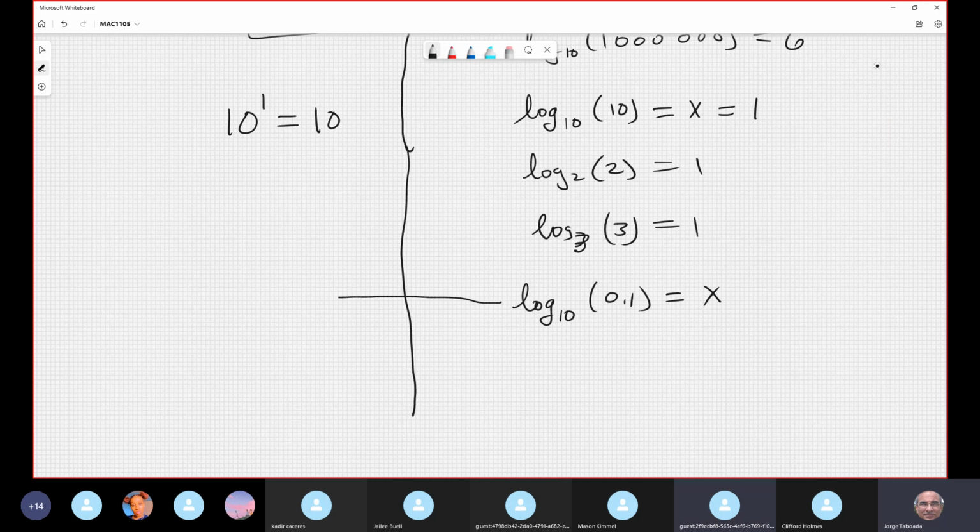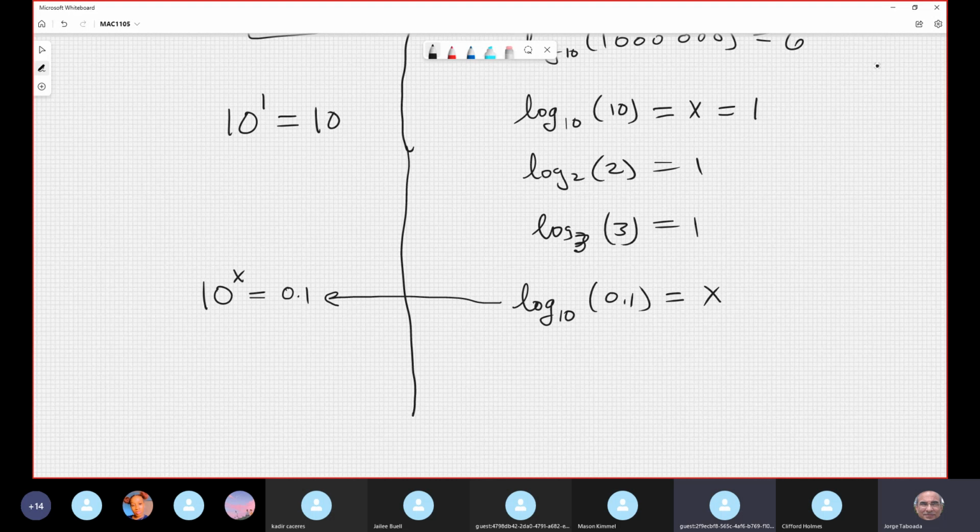Okay, I try to do it. I can always change to exponential. What is my base? My base is 10. What is the exponent? I don't know. So 0.1 goes here, right? This is my equation.